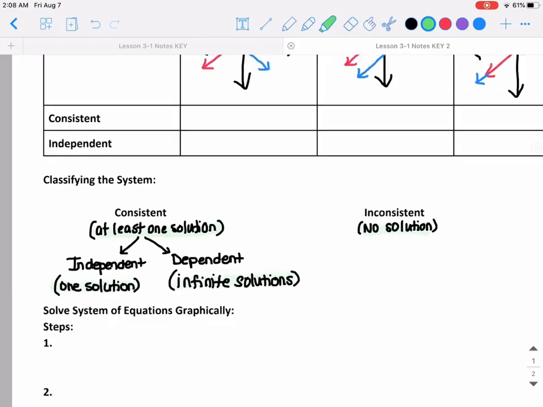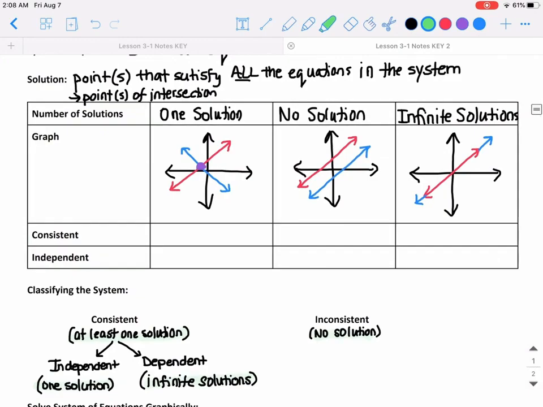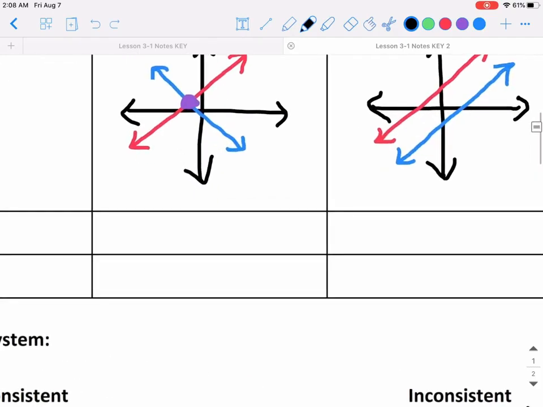So if I wanted to finish filling in this chart up here, I would say that if I had one solution, that would mean that the system was consistent and independent.